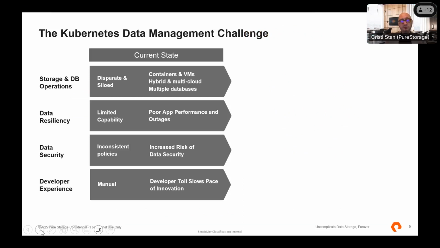Because usually we are all starting from a traditional approach where data is being kept in silos, where in terms of resiliency, we still tend to do the resiliency based on hardware, which is not the case in Kubernetes.